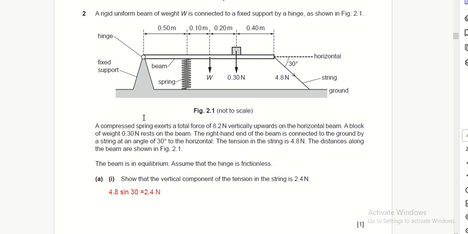Here is a rod, a weight, a spring, and a string. The compressed spring exerts 8.2 upward. Other forces are labeled in the figure.